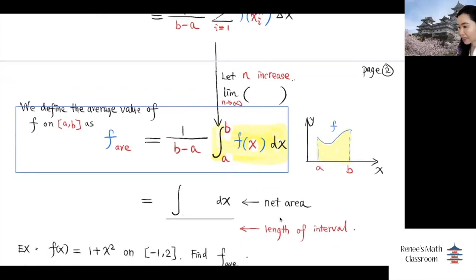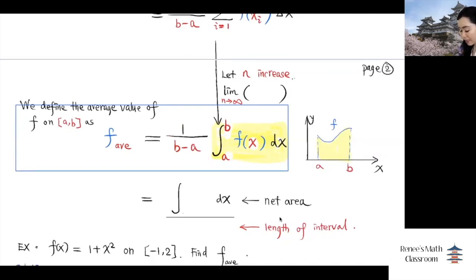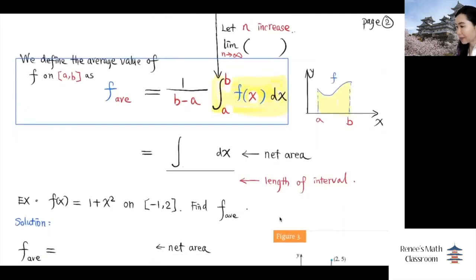So we just discovered that the average value of a function on a to b is going to be this. This stands for the average value of the function f, and that's equal to the definite integral of this function f from a to b, times 1 over b minus a, or in other words, divided by b minus a.